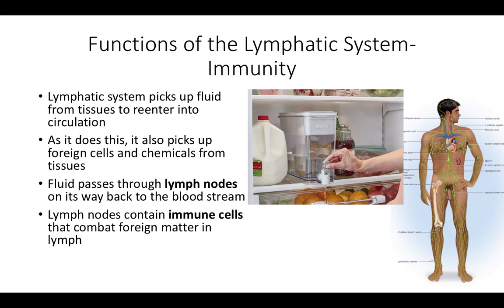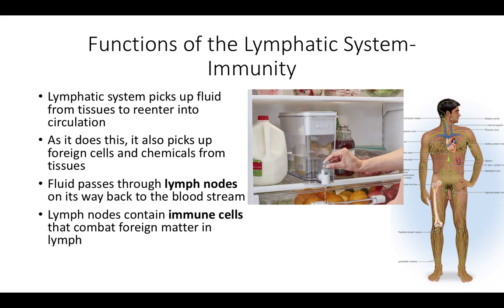Another function of the lymphatic system is immunity. The lymphatic system, we know by now, picks up the fluid from the tissues, and its job is to bring it back into circulation. But as it does this, it's also going to absorb different foreign cells and chemicals and cellular wastes that we don't want.